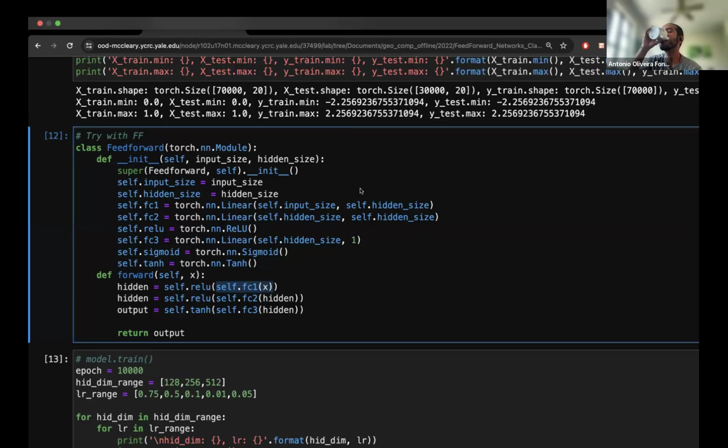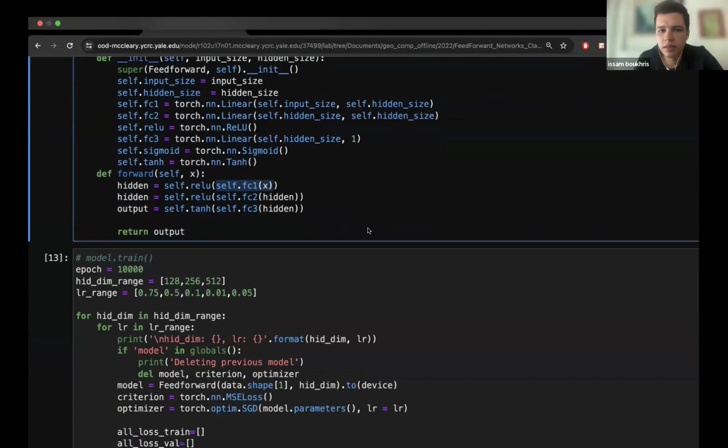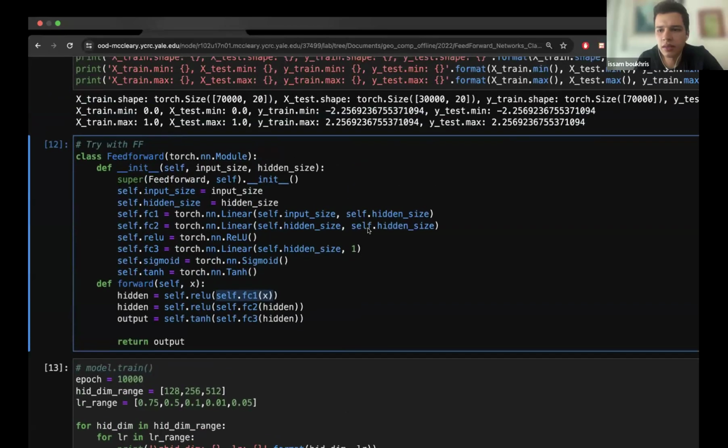Any other questions? Yeah, go ahead. Sorry, just one curiosity. I was reading your code. For the definition of the first hidden layer, you have written torch.nn.Linear.